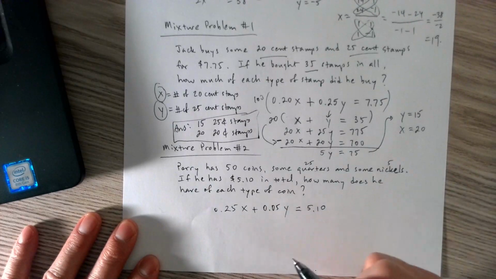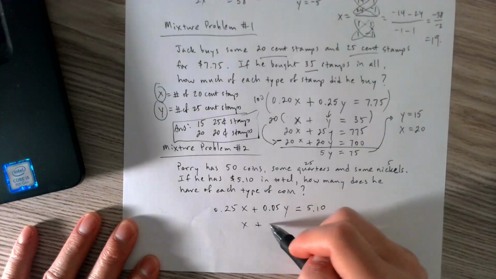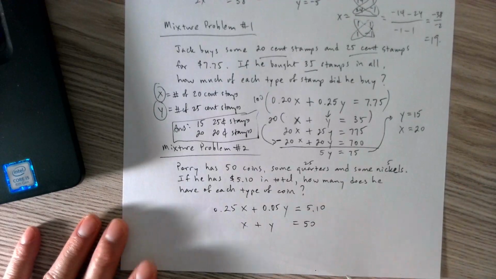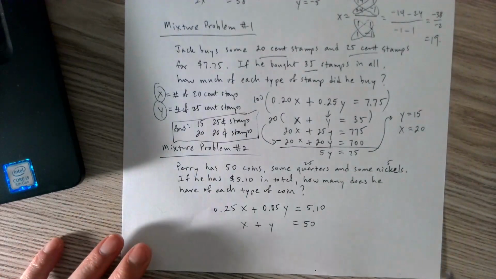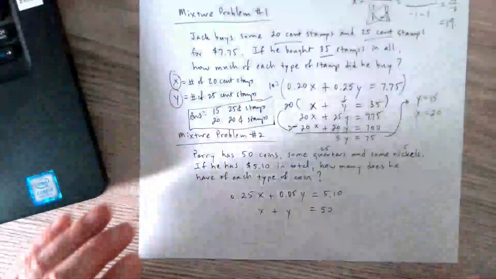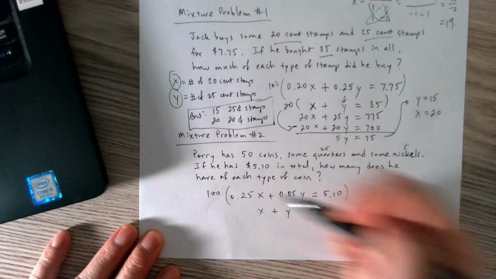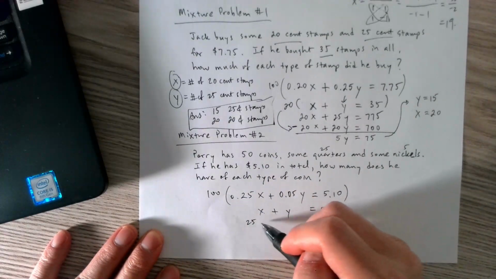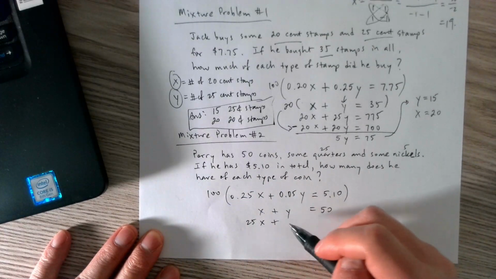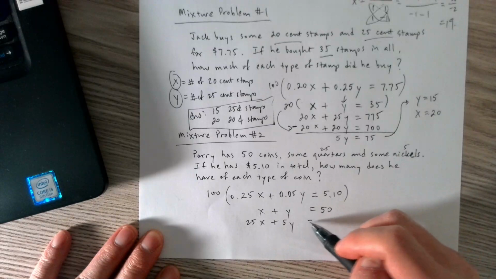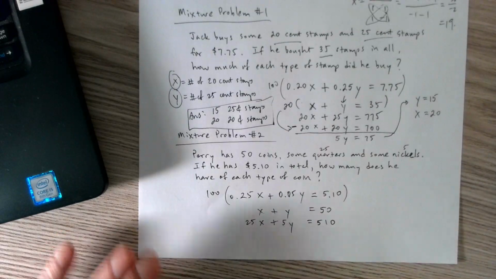And we know that we have a total of 50 coins, so x plus y is 50. Like before, I'm going to multiply this by 100.